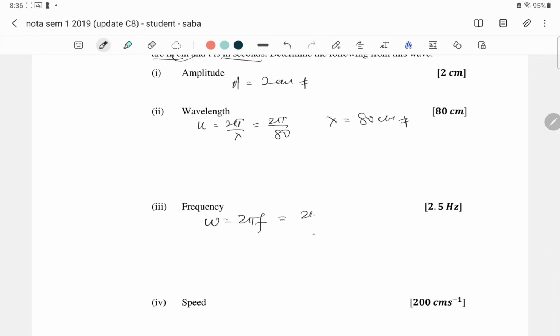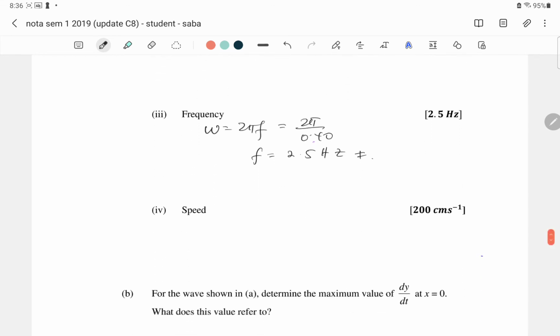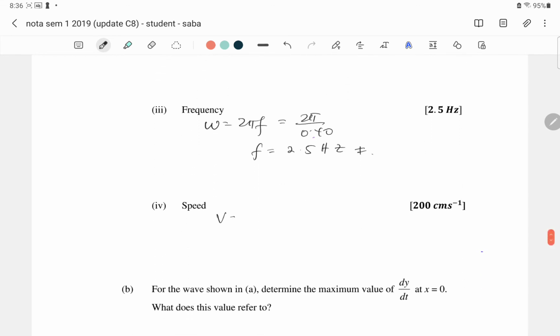Your omega is 2 pi over 0.4. So your frequency is 2.5 Hertz. So then you can find the speed, where speed v is equal to f lambda. So your f is 2.5 and your lambda is 80 times 10 power of -2. So you have your v is 2 meter per second, or in centimeter we have 200 centimeter per second.